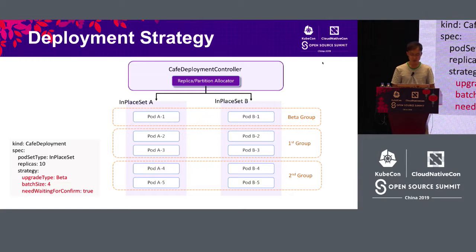The first is a beta group, and the other 2 groups are the standard batches. Let me explain the beta group. We take one random pod from each data center for a new version. If the customer says no problem, then we can move to the standard deployment, and the client needs to click and confirm.